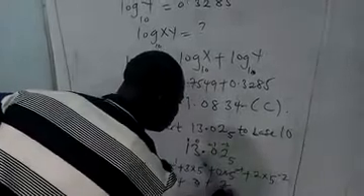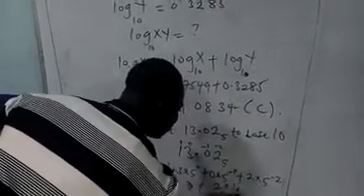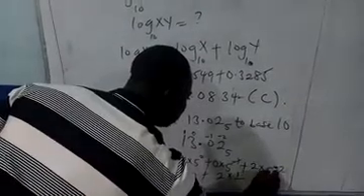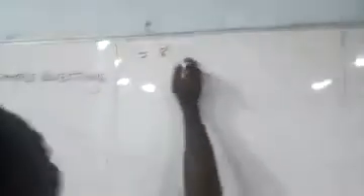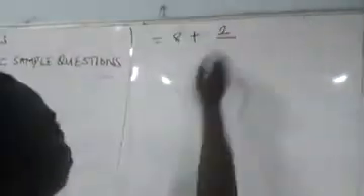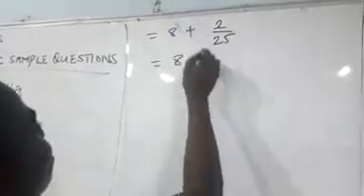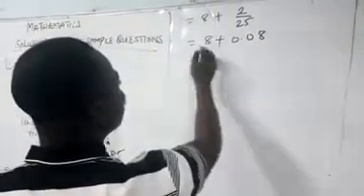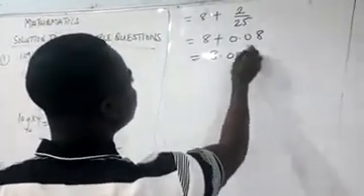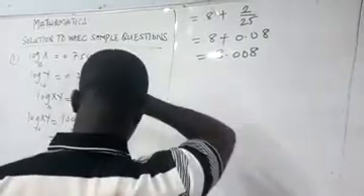So we have 2 times 5 raised to power minus 2, which is 1 over 5 raised to power 2, a negative index. So we are going to have 8 plus 2 over 25, since 5 squared gives us 25. 2 over 25 will give us 0.08. So by the time you add together, we are going to have 8.08. And that is what option? That is option A.